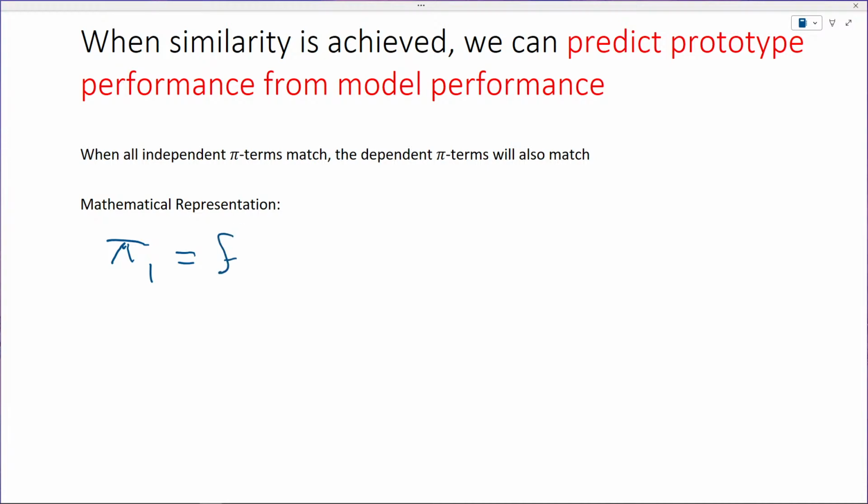That's a function of pi 2. Just as we saw in the previous example, pi 1 was the drag force plus some other term, a function of the Reynolds number. But remember, because we only had 5 parameters there, we could have 6, 7, 8 parameters, so we could have more than one pi term. So it's a function of pi 2 all the way to pi n, and you can have as many of them as you want.